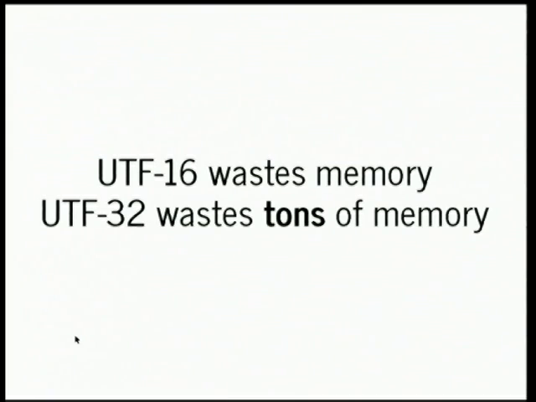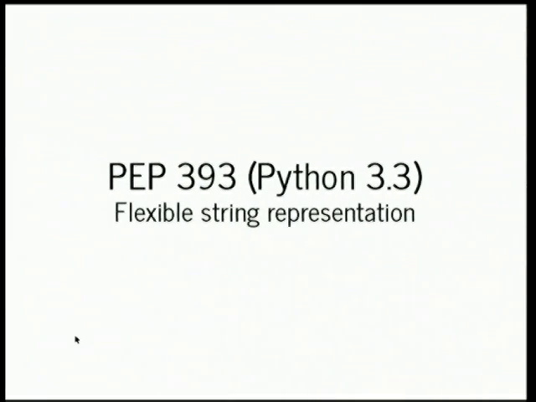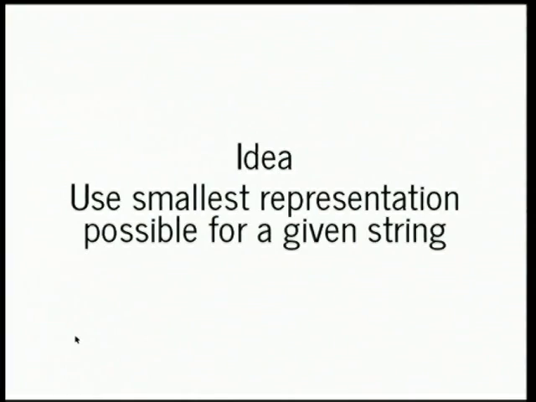And so a lot of these things were wrapped up and dealt with in Python 3.3 by PEP 393, flexible string representation. The idea of PEP 393 is that you use the smallest representation you can for a possible string. The way that works in practice is that if you're given a sequence of Unicode code points, you find the maximum one, and then you pick the data size for the entire string based on that.